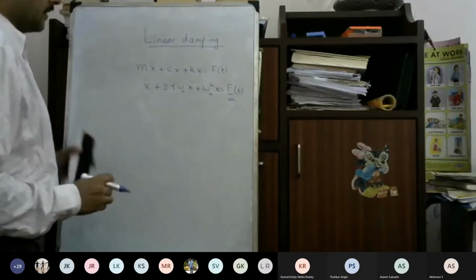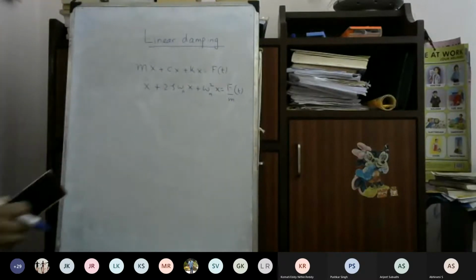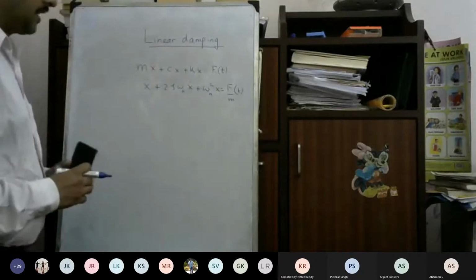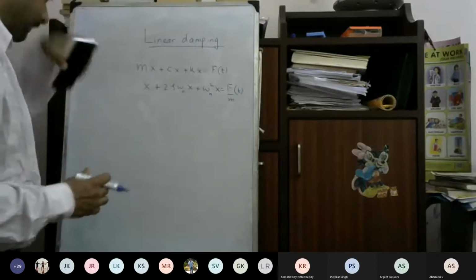Now our task is to find the solution of this system. So again, as usual, we use the Laplace transform technique.